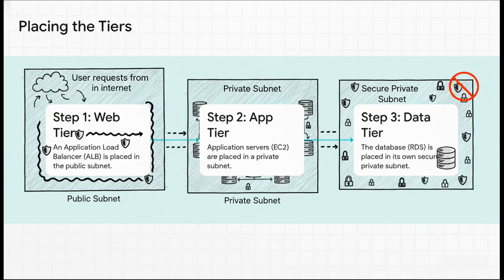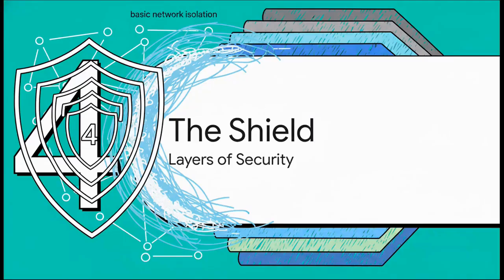The load balancer then passes the request on to our application servers, which are safely tucked away in a private subnet. And then only those app servers are allowed to talk to the database, which lives in its own, even more secure private subnet. You see that flow? It creates this layered system where there is absolutely no direct path from the wild west of the internet to your precious data.